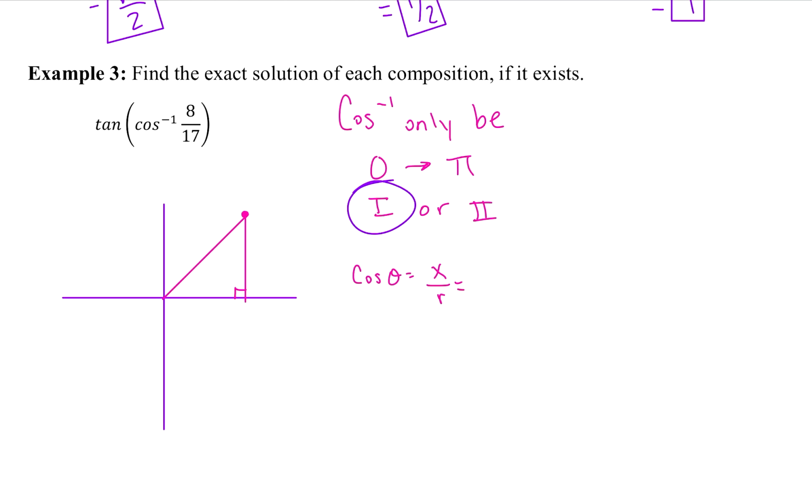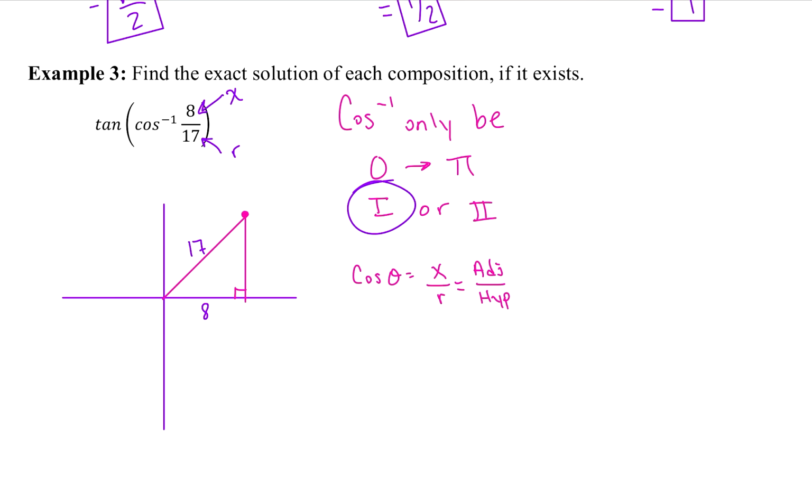Those are the letters we used here. You may also know it, though, as SOHCAHTOA, adjacent over hypotenuse. Doesn't matter to me which one you're using as long as you are aware of what it means. So this means that this 8 represents the x-coordinate and 17 represents the r. So 8 has to go here, 17 has to go here.